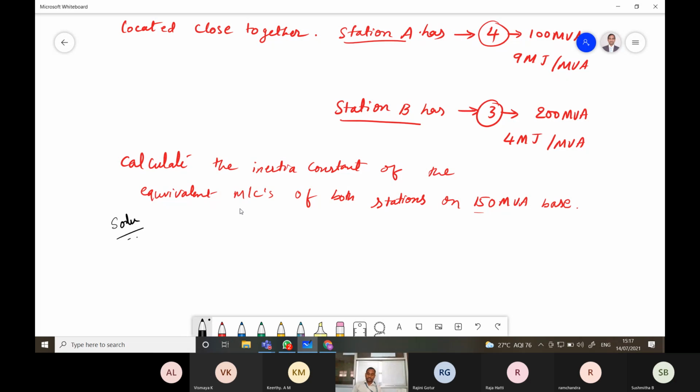So the inertia constant of the single equivalent machine, H equivalent, is equal to 4 generators multiplied by H1 into G1 by G base, plus station B has 3 generators, 3 into H2 into G2 by G base.